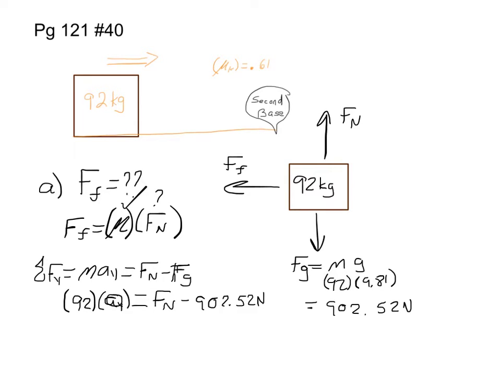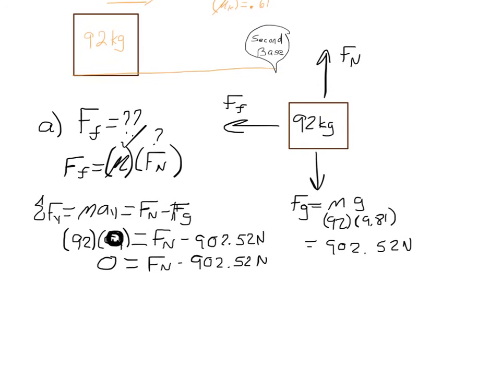I'm going to change this to a 0 because we know his acceleration is 0 again because he's not flying up into the air. He's not going to the center of the earth. So 0 equals the normal force minus 902.52 newtons. So that means 902.52 newtons is his normal force.